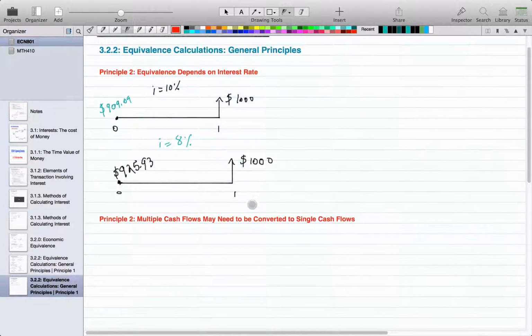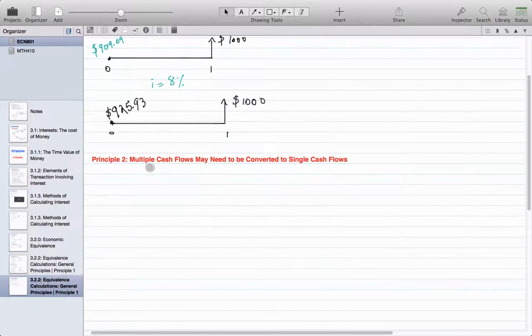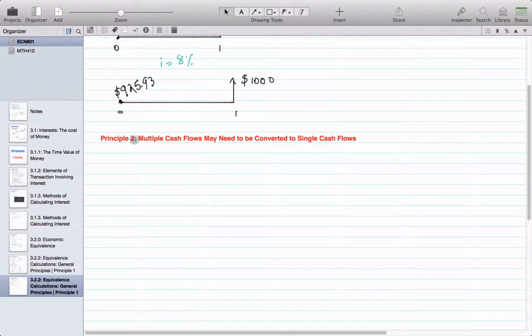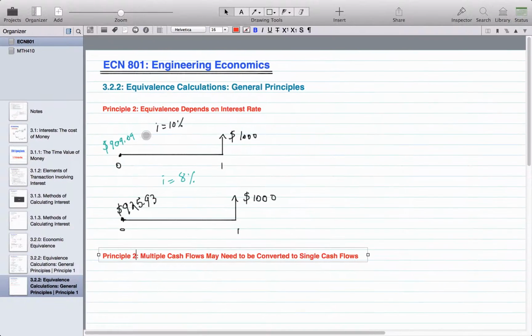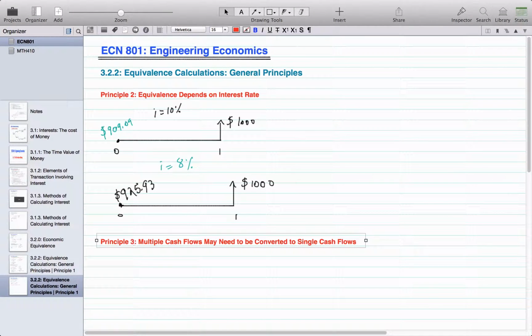Next one is principle 2, or the next principle is multiple cash flows may need to be converted to single cash flows.